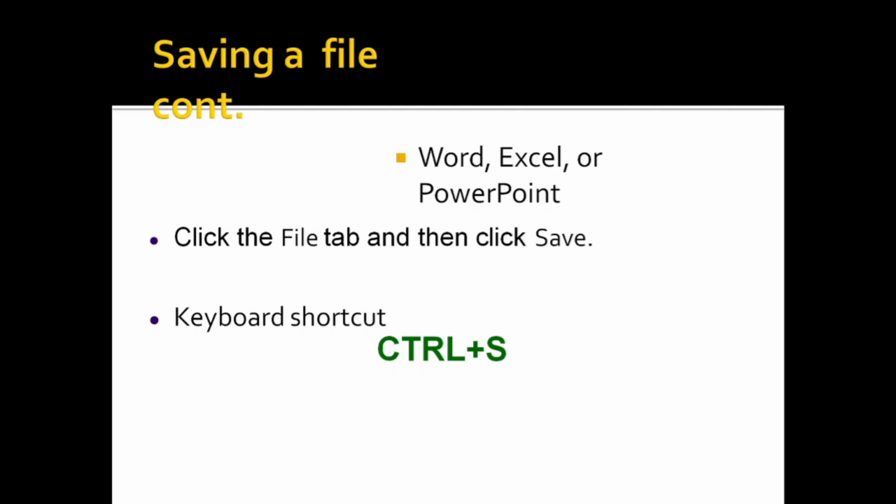Means the Word file has the extension doc or docx. The Excel file must have the xls or xlsx extension, and the PowerPoint file has the ppt or pptx extension.